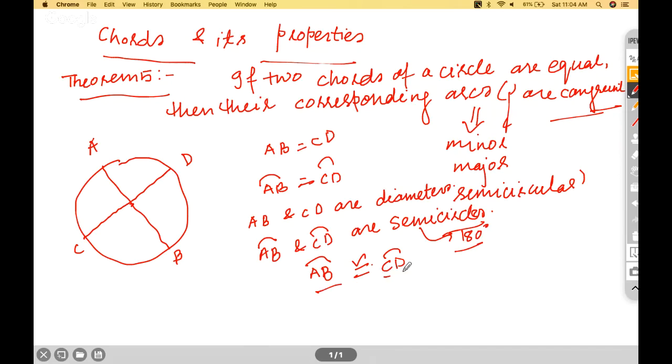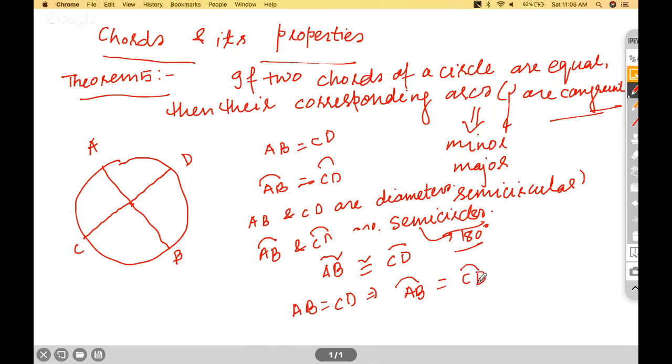It means that the arcs are congruent. If the arcs are congruent and the chords are equal, then the arcs will also be equal. So I can write over here that arc AB is congruent to arc CD. This is it.